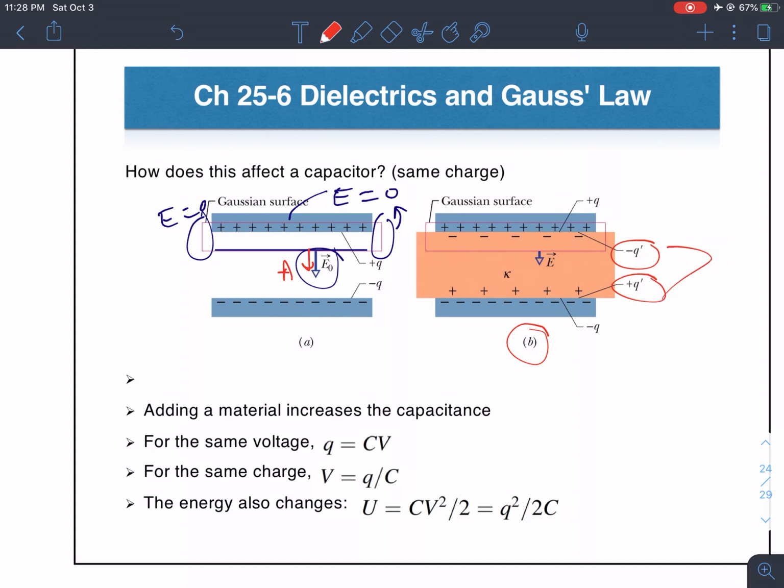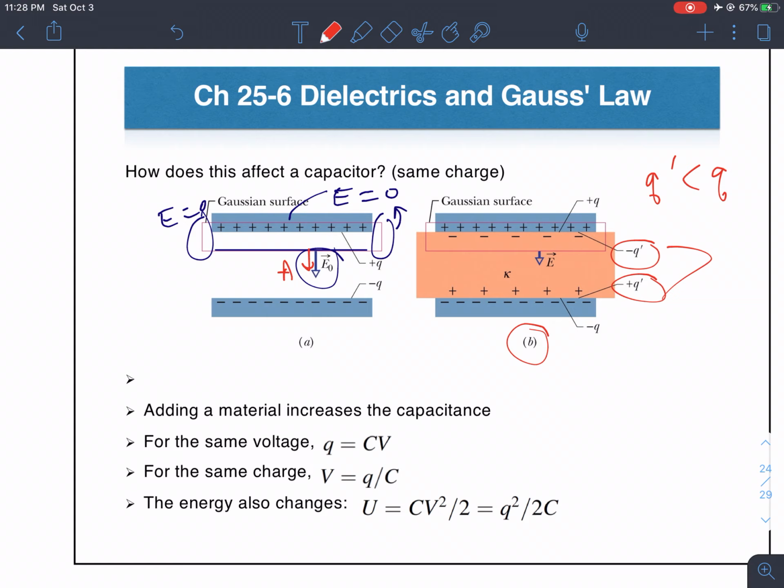Of course, they're going to be the same magnitude. That's why they're Q prime, and they're always going to be less than Q. Q prime is there because it's induced by Q, but it's not going to be as much as Q, because the dielectric is like an insulating material, but it's not perfectly insulated.